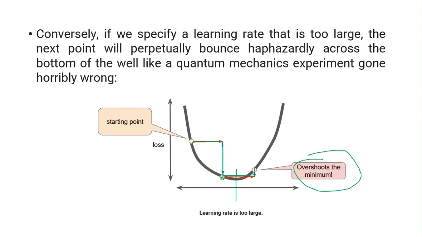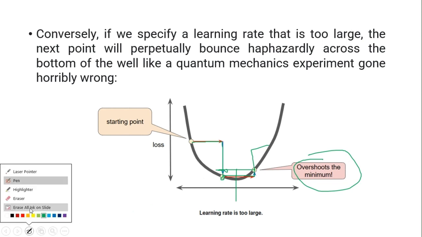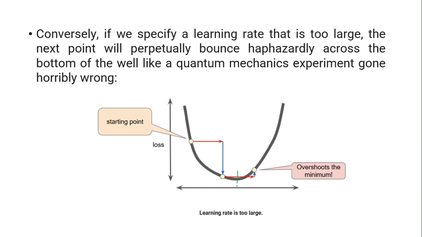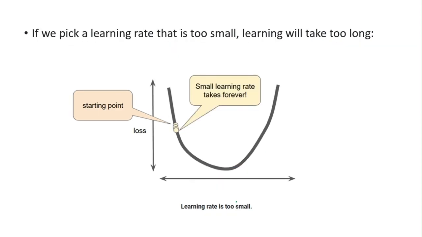If you vary again, it will come somewhere here, and it will overshoot or go here using the step size. Since the step size is large, we won't be able to reach the optimized value of theta.